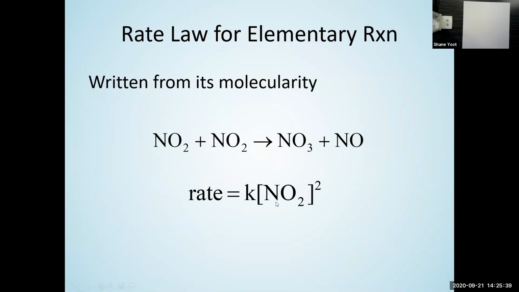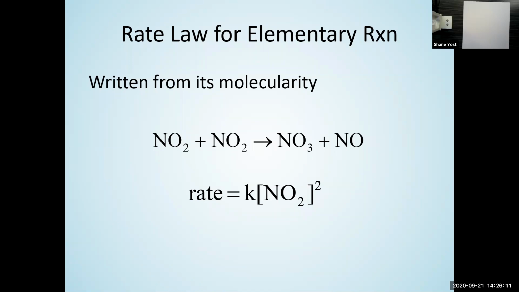And so we talked about how these mechanisms can be related with our rate laws, and how are they related? Well, the rate law for an elementary reaction can be directly related to its molecularity, directly related to what is in my reactants, okay? So for the reaction listed here, I'm assuming this reaction is an elementary step. For that reaction, it's saying NO2 and NO2 are coming together in space and colliding with each other.